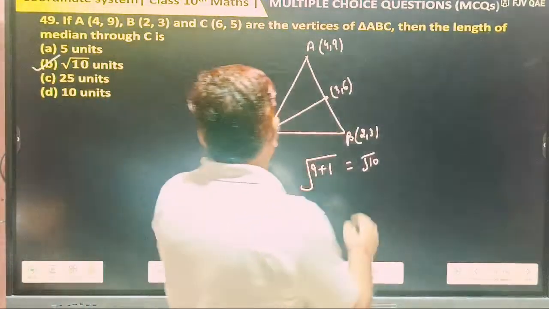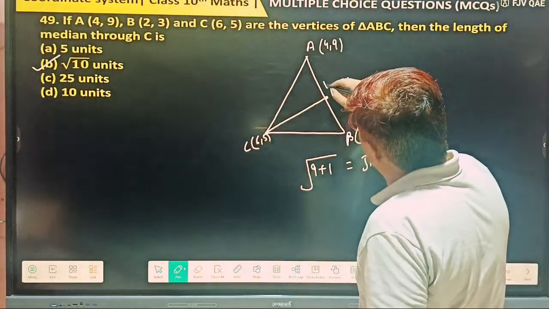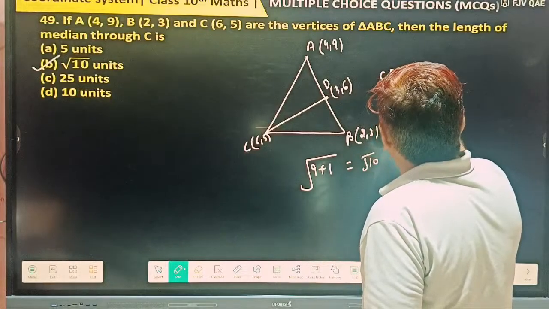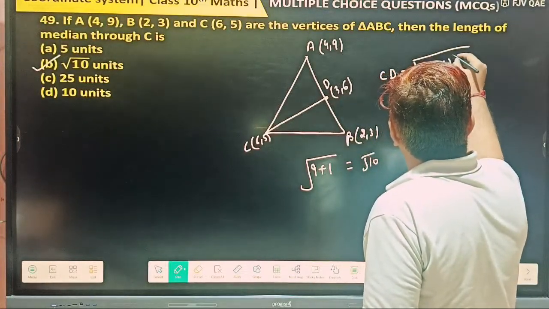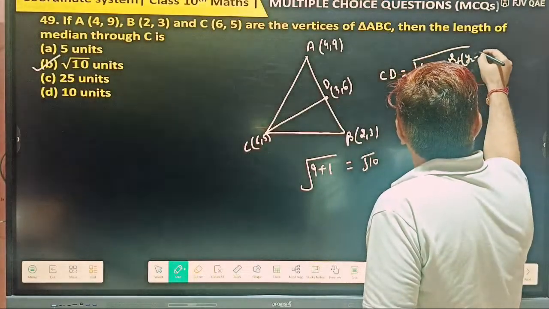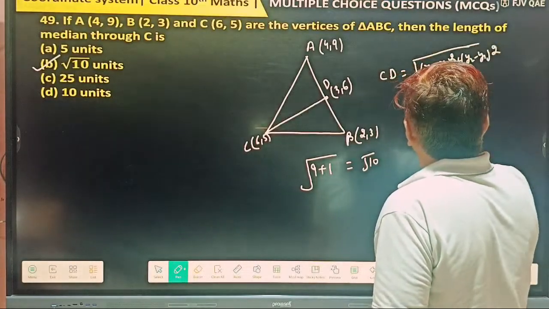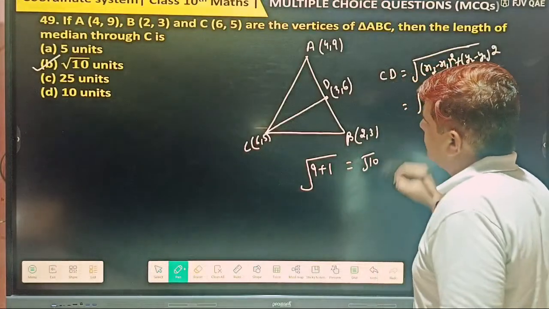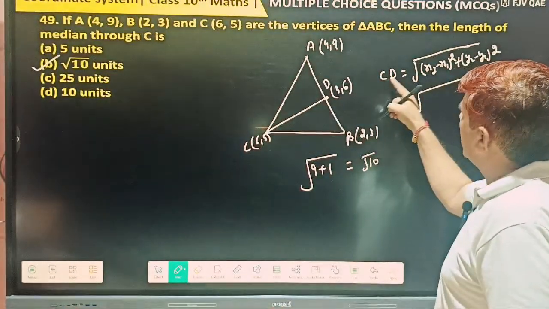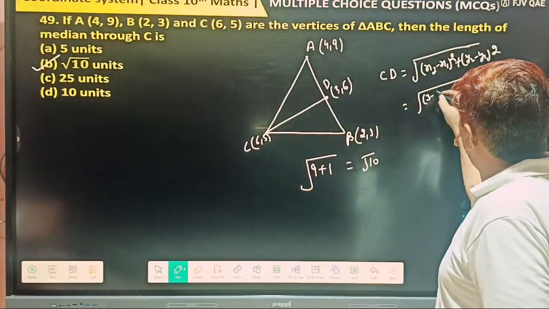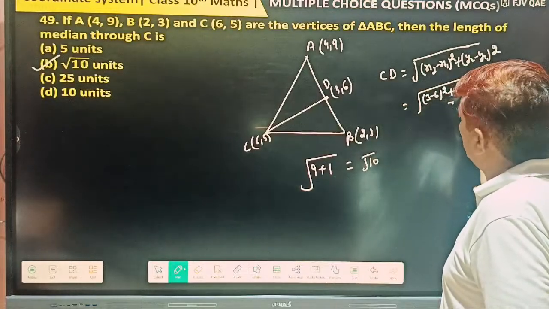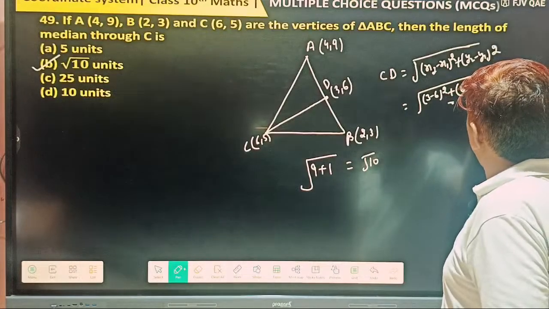How can we do it in this way? We have to take this as D. So CD equals this formula: x2 minus x1 whole square plus y2 minus y1 whole square. So what's your x2? D minus C. So 3 minus 6 whole square plus 6 minus 5 whole square.